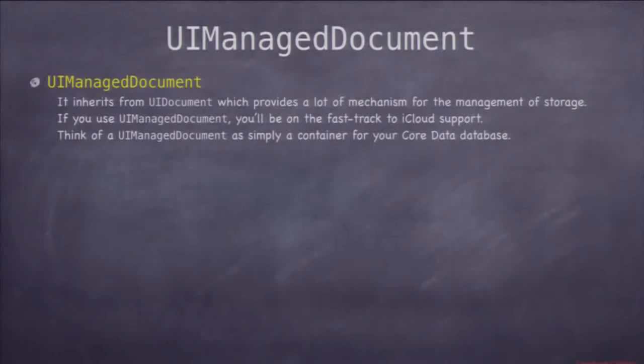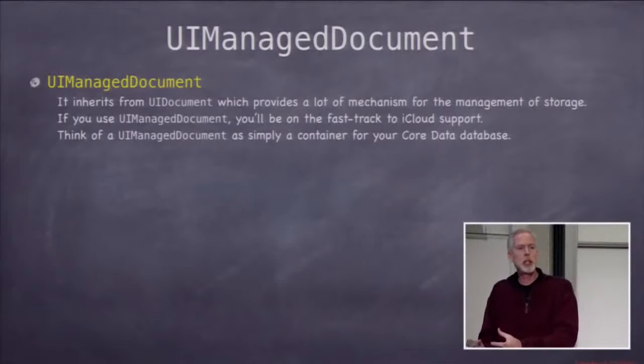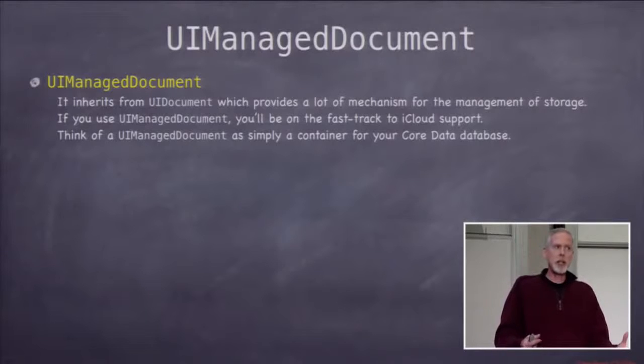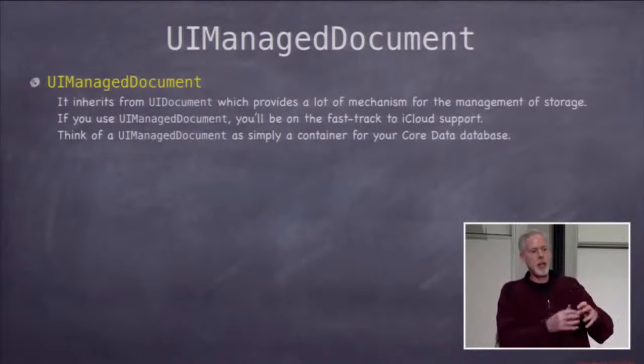So let's talk about UIManagedDocument and how that works. It inherits from a class called UIDocument. UIDocument is a whole bunch of mechanism for managing some storage. Okay, UIManagedDocument puts a Core Data database in some storage. So you're managing the storage of your Core Data database. So you can think of UIManagedDocument as just like a thing that contains your Core Data database for you.